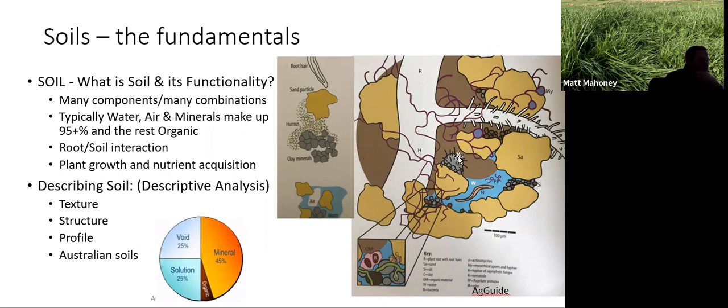So just to recap, air, water and minerals make up the bulk of most soils, and depending on their location or depth, organic type substances make up the rest. Texture describes the composition of the soil, and we'll move on to that in a minute. The structure describes how soil is held together.